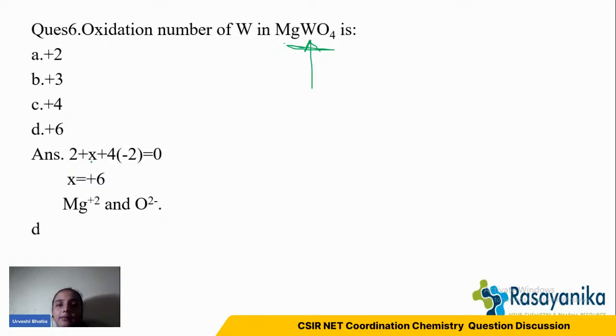Plus 2, X is the species which is tungsten, and plus 4 oxygen atoms are there, and they have a charge of minus 2, right? The complex doesn't have any charge on it, so that is why it is 0. So X will be plus 6, minus 8 plus 2 plus 6, right? So that is why option D becomes the correct one.